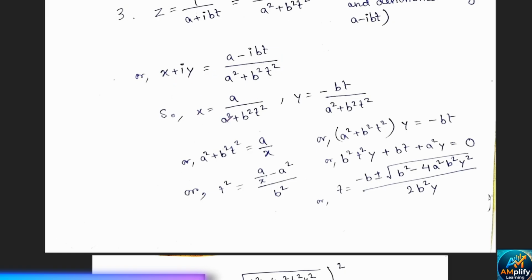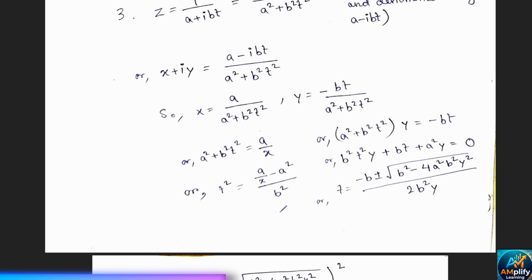So x is equal to a by a square plus b square t square, and y is equal to minus bt by a square plus b square t square. So now we take this here, okay? So a square plus b square t square is equal to a by x. Simultaneously we multiply this with a, and we get this.